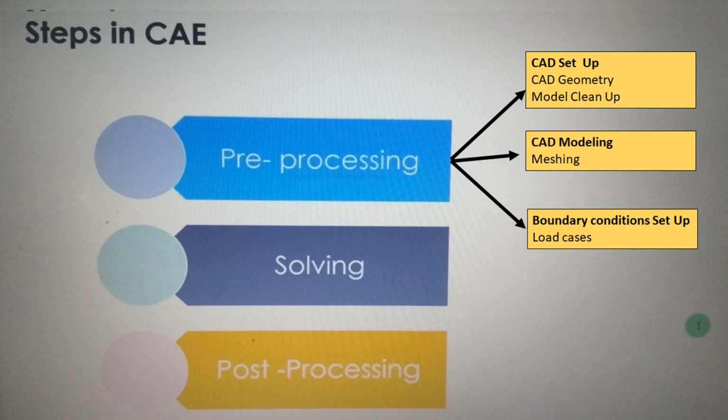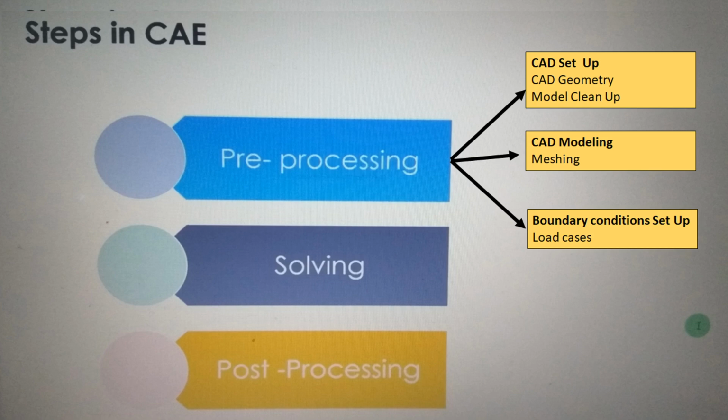Then how do I run a finite element analysis on it? To run any analysis, you need boundary conditions or load cases. These are technical CAE terms that might be new to someone, or some people might have already heard of them. A boundary condition is the standard environmental condition that you need to define for any product's life cycle.